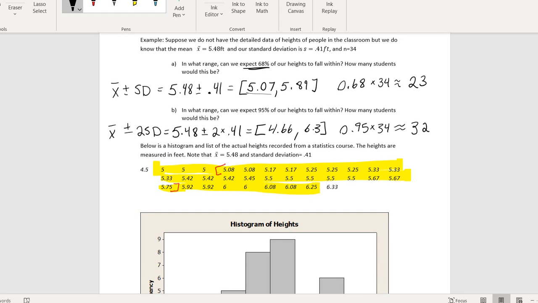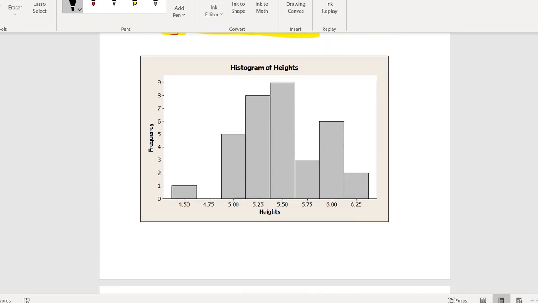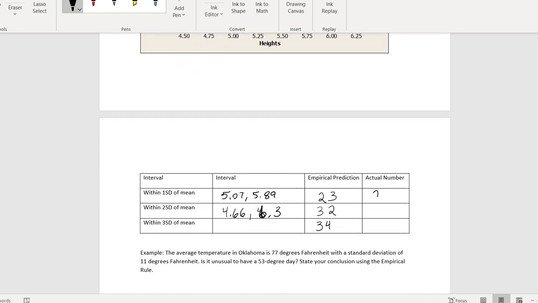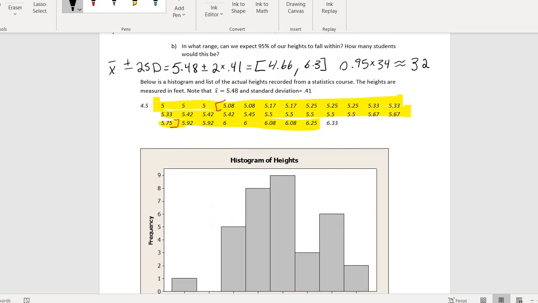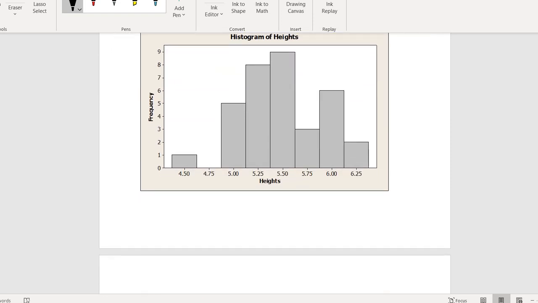So we have 1, 2, 3, 4, 5, 6, 7, 8, 9, 10, 11, 12, 13, 14, 15, 16, 17, 18, 19, 20, 21, and we actually have 22 students on that interval. Now within 2 standard deviations, we predicted we would have 32, and if we look here, we have 32.